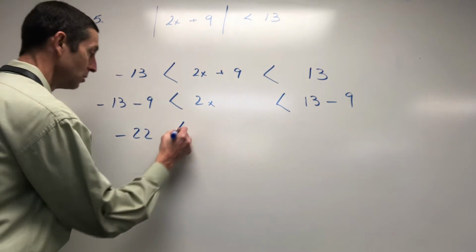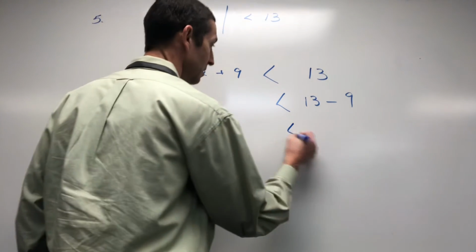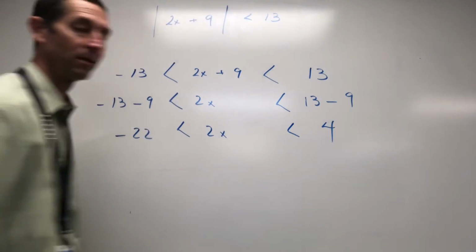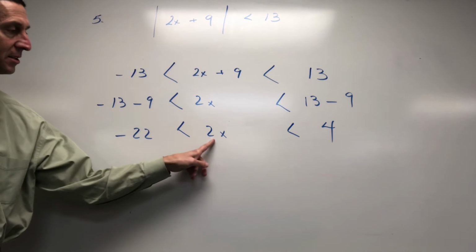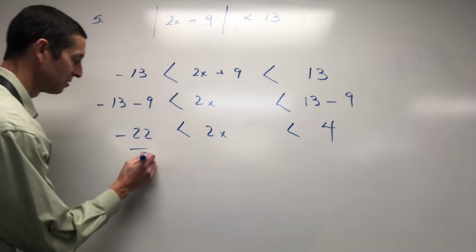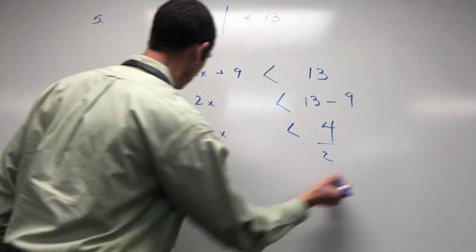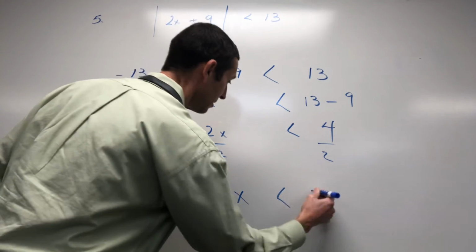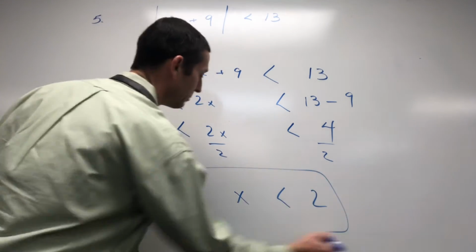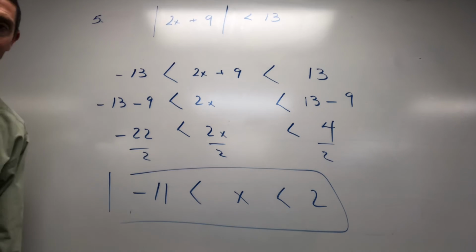Negative 22 less than 2x less than 13 minus 9. What is that? 4. Okay, you're trying to solve for x. It's still multiplied by 2, divide by 2, divide by 2, divide by 2. Negative 11 less than x less than 2. And we've got ourselves a final answer.